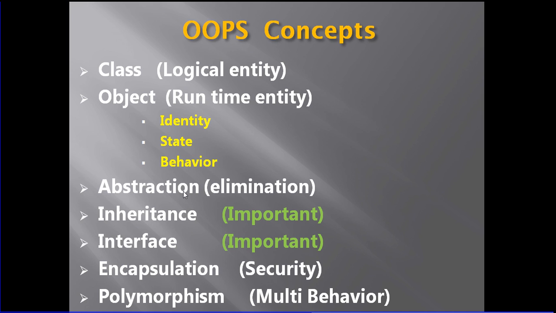Only particular details are needed. Other details we need not, so we should eliminate them. That is abstraction: what you need, only that is accepted. That is elimination.